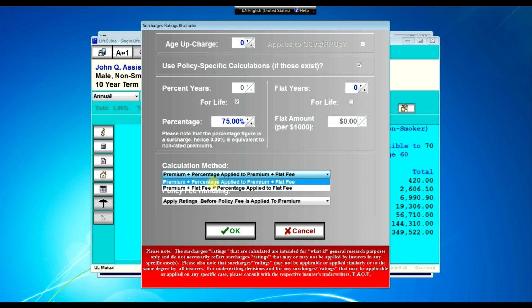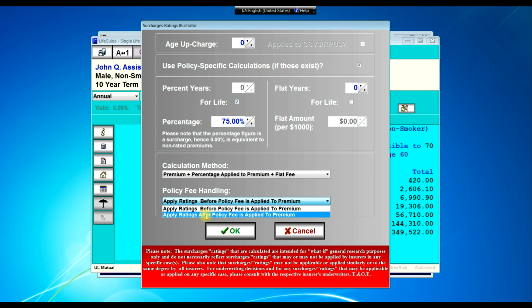It can be the premium plus the surcharge percentage applied to the premium, and then only after the percentage surcharge is applied, then the flat fee, in other words, the fee that would have been over here, and I'll touch on that in a moment. And then there is another way, conjunctive with that, and that is to apply the ratings before or after the policy fee. In other words, including or not including the policy fee.